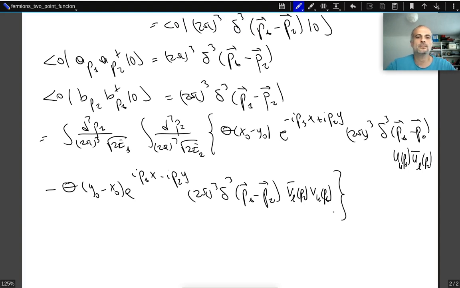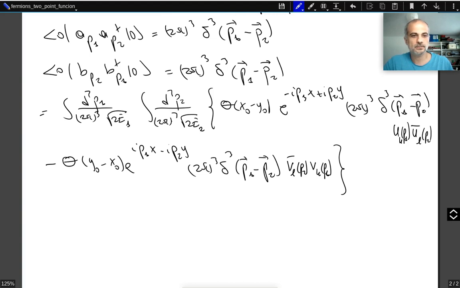Now I can evaluate the p2 integral. When I evaluate the p2 integral, these Dirac deltas just tell me that the three-component p1 and p2 should be equal, but that means the energies will also be equal. So now these (2π)³ also cancel.